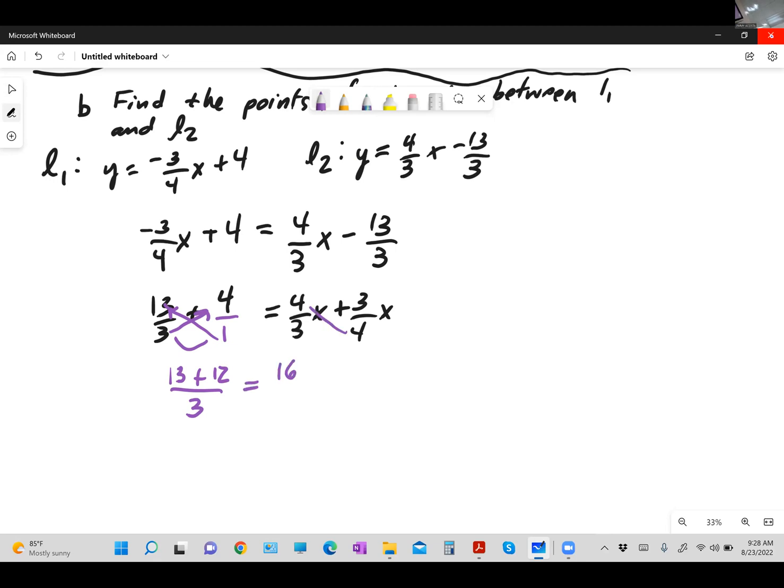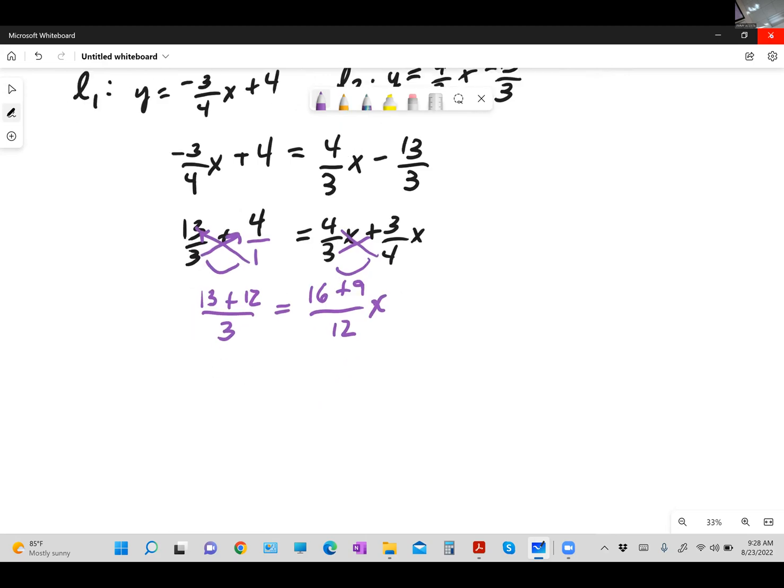Criss, cross, happy face. But I got to keep the x. (13 plus 12). 16 plus 9.